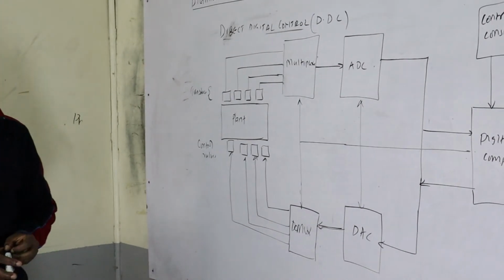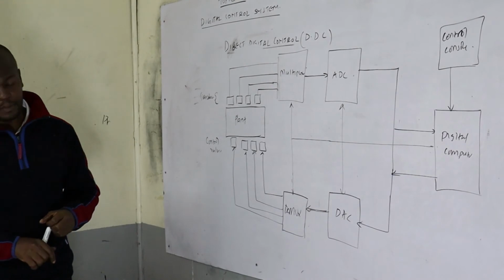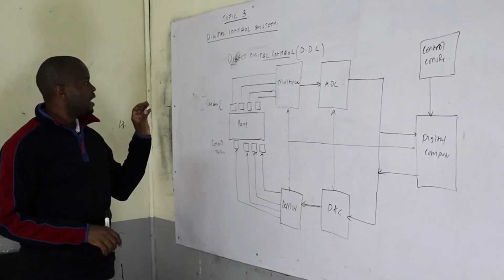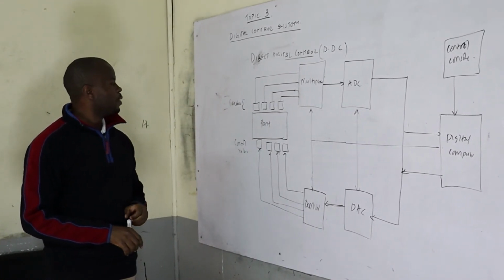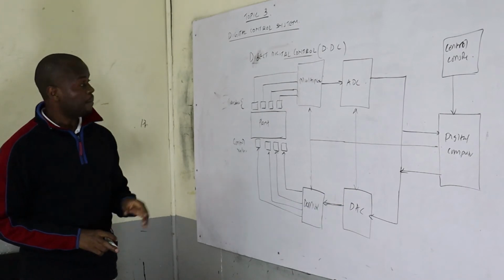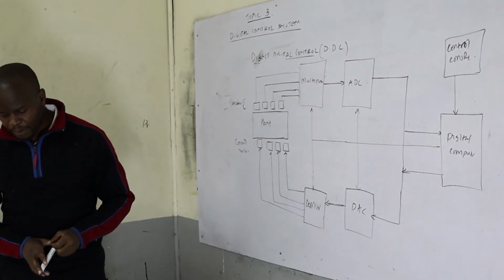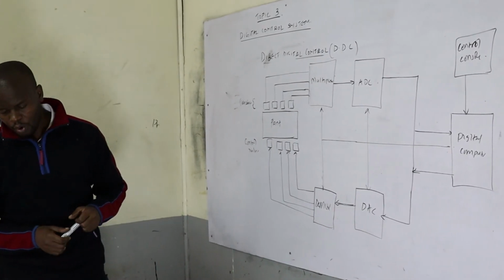And in that case, each and every physical quantity will have its own set point. Whatever we have as the output will be compared with what exists in the program in the digital computer.